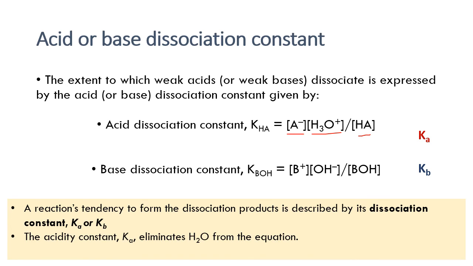For a base dissociation constant, it's related to the products again of that dissociation, which would be your conjugate acid and your hydroxide ions, divided by the concentration of the base. So the tendency of your reaction to form the dissociation products is described by this dissociation constant. And you'll notice, for example, for the acidity constant, even though the dissociation typically includes water, it is eliminated from the equation described here.